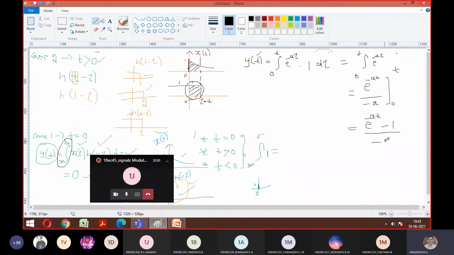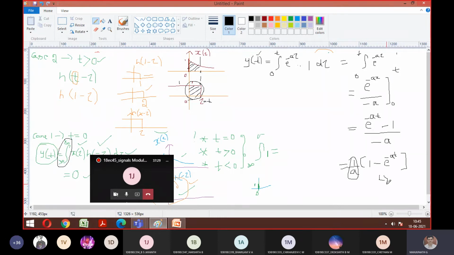So now look here, since I have minus minus, can I make it positive? If I take 1 by a common, can I write it as 1 minus e power minus at? Is it possible, guys? Yes, sir. In order to make a constant amplitude 1 by a, I have chosen 1 by a constant.